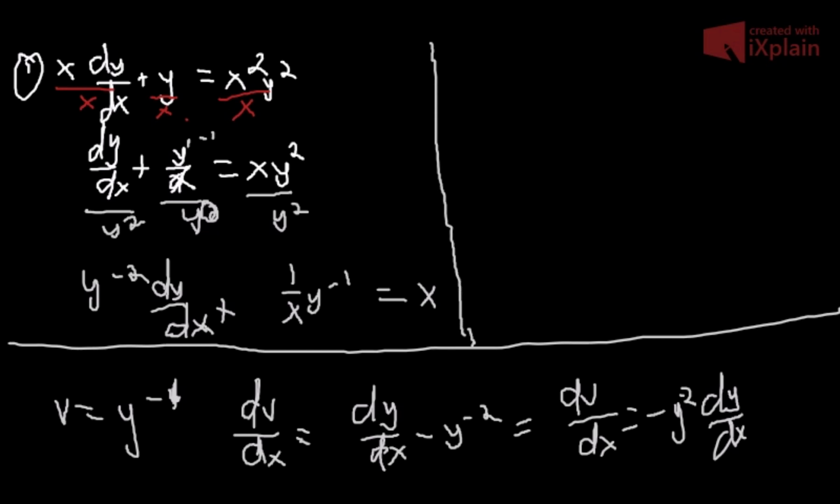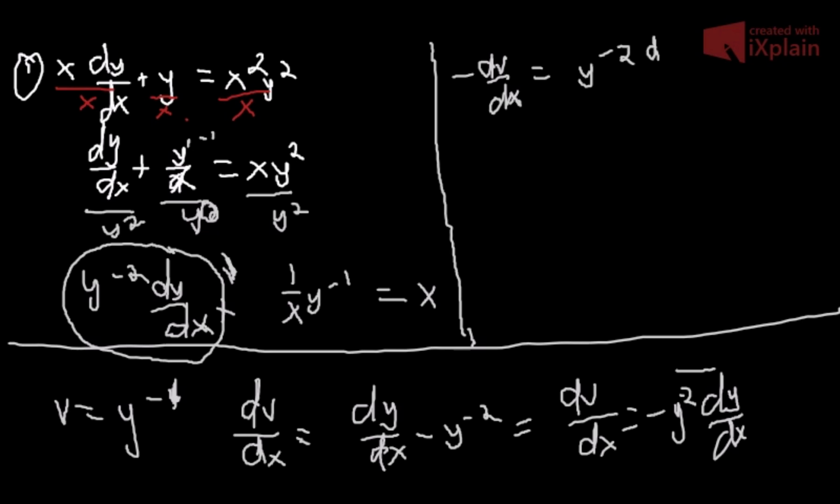Here we have y to the power negative 2 dy over dx, and here we have negative y to the power negative 2 dy over dx. So now we need to cancel this negative so that this side can be equal to this one. Now we're going to say negative dv over dx equals y to the power negative 2 dy over dx, right?